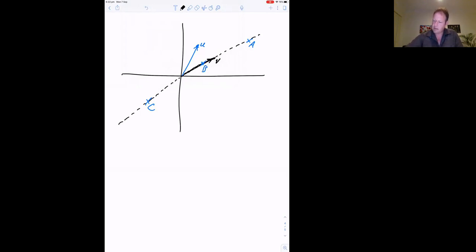We want to find this point which is closest. The way to find it is, let's assume that we have this point, and let's call this point P, P for projection. Let me do it in green, to be consistent with what's to come.